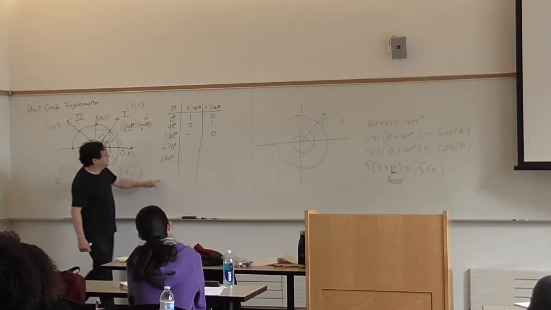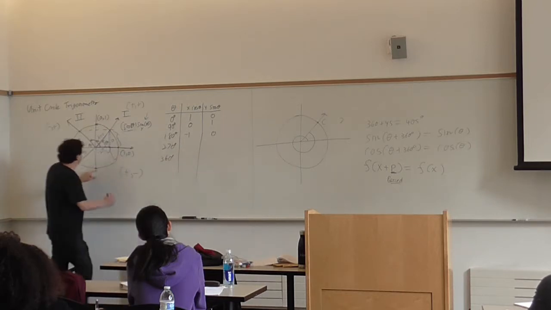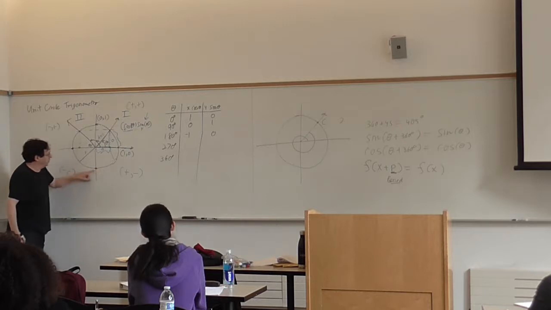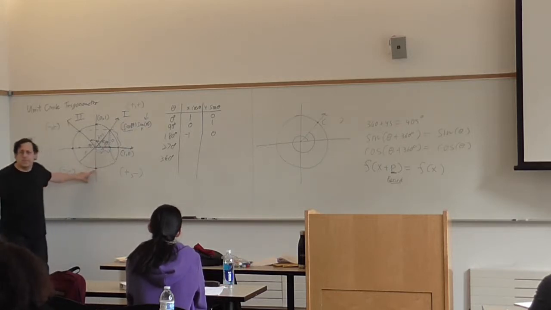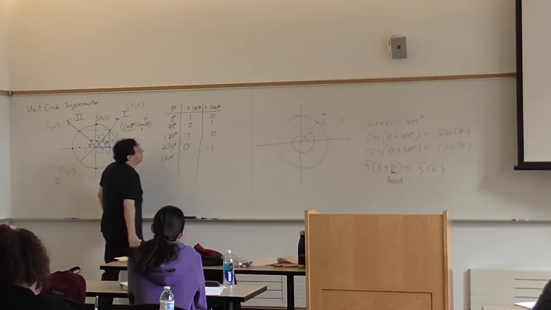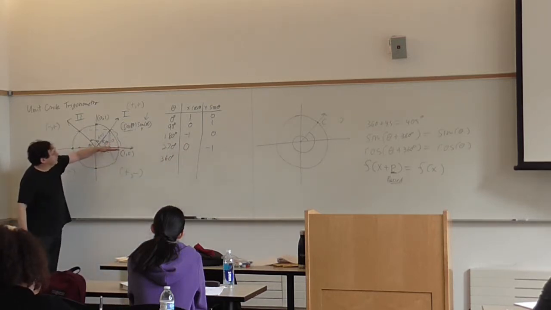All right, how about 270 degrees? That's all the way around over here. What are its coordinates? Yes? 0, -1. Okay. So now, again, let's look at the sine.